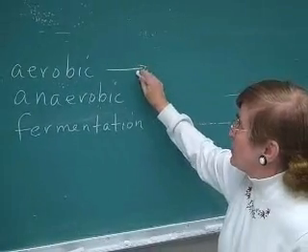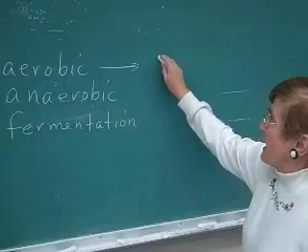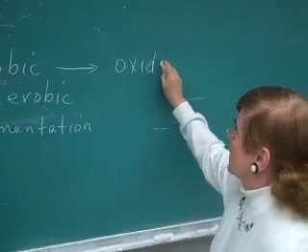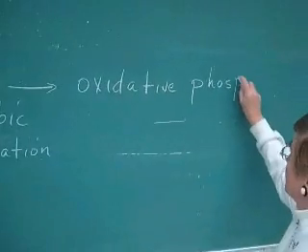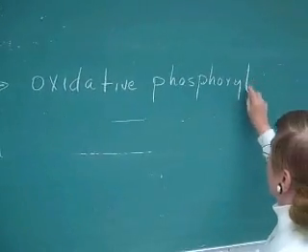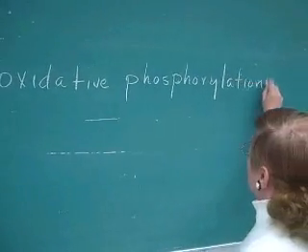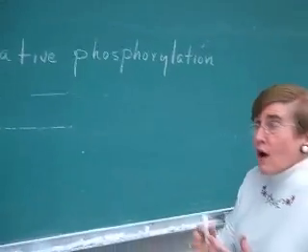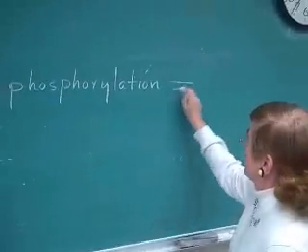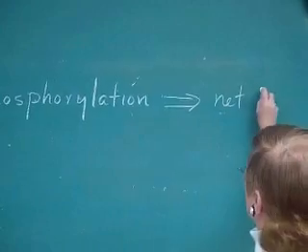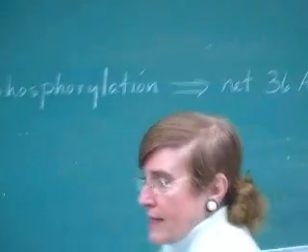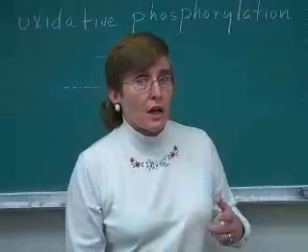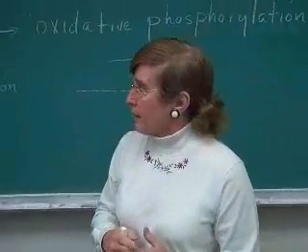And organisms that do this make that energy in a process that we call oxidative phosphorylation, which ultimately allows us to make, or net, 36 ATP molecules per molecule of glucose that we break down.